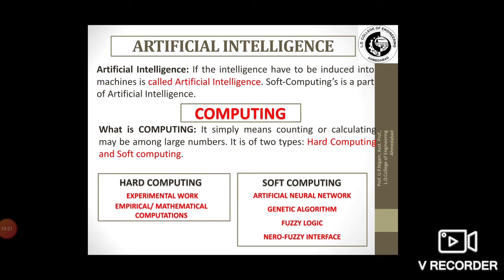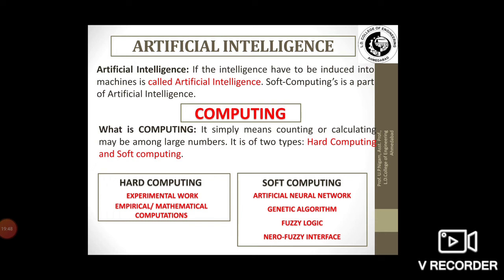So artificial intelligence means if intelligence has to be induced into machines, it is known as artificial intelligence. So we can say soft computing is a part of artificial intelligence, but we will study the use of data and the information which we have related to our problem in it. We are not going beyond that level.